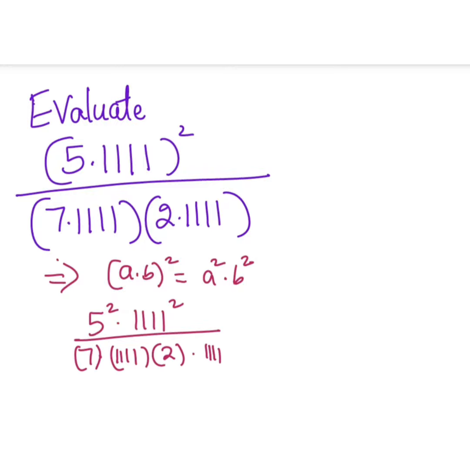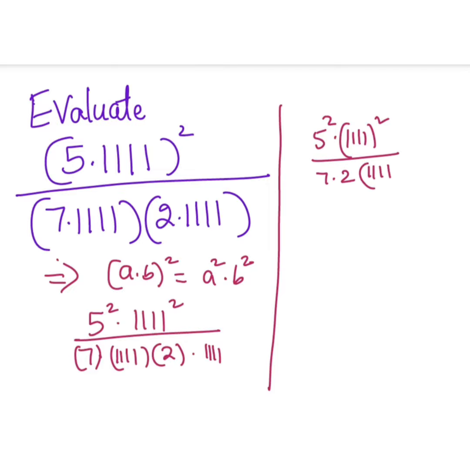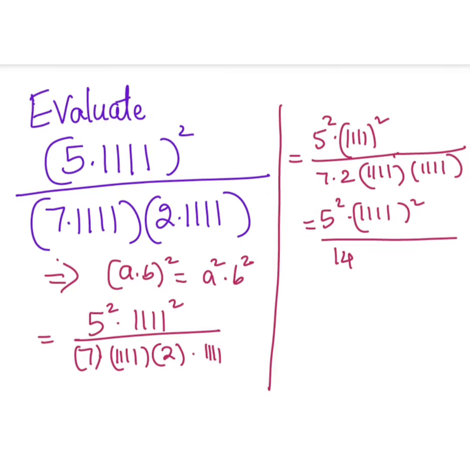So that will be 5 square into 1111 square divided by 7 into 2 into 1111 into 1111. So now we can write 5 square into 1111 whole square divided by 7 2s are 14, and here it can be written as 1111 whole square.